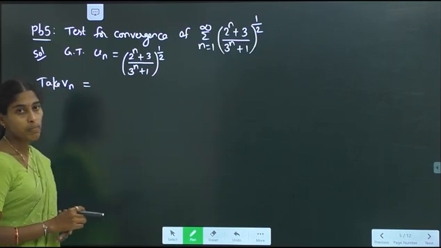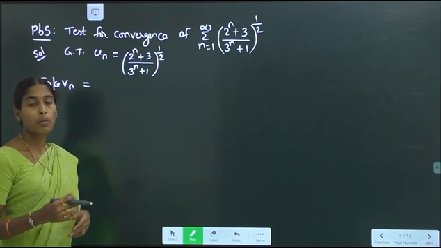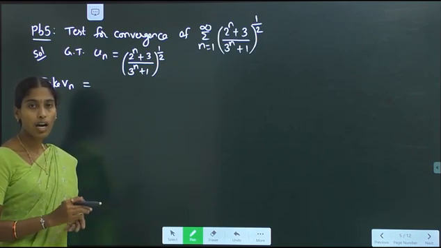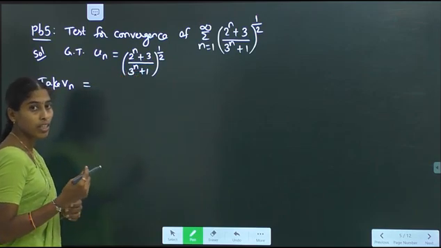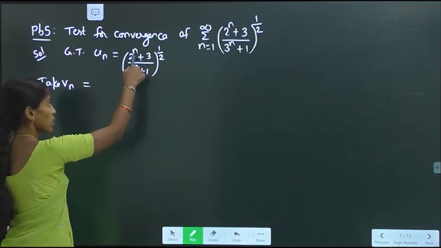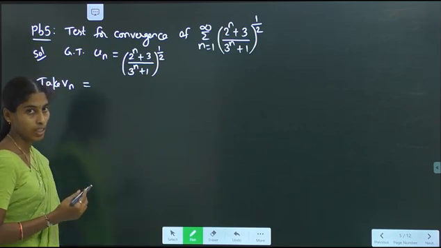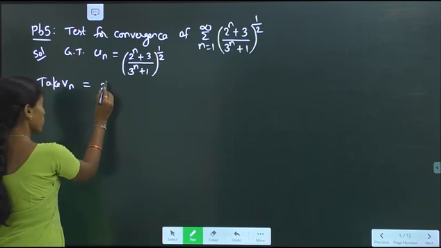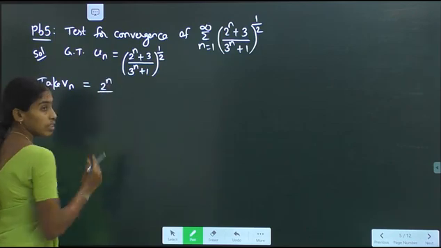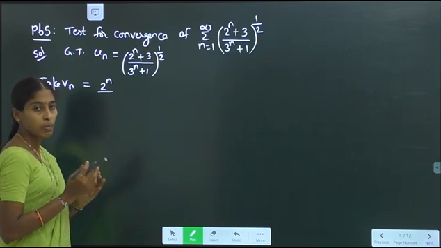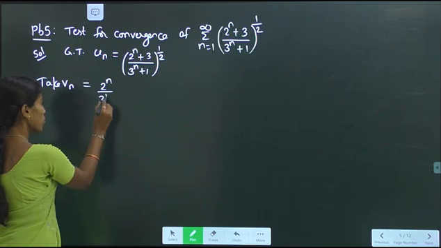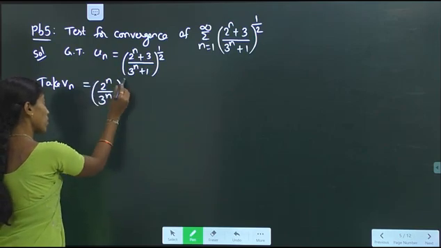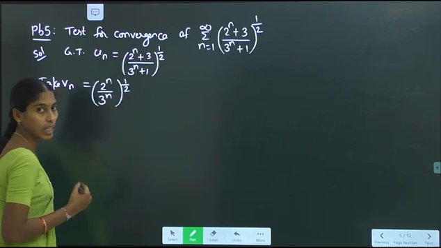In the previous sums, n square, n cube, or cube root of n were present. But here, the term n involved in the numerator is in the form of 2 power n, so take it as 2 power n. The term involved in the denominator is 3 to the power n whole to the power 1 by 2. Take it like that.